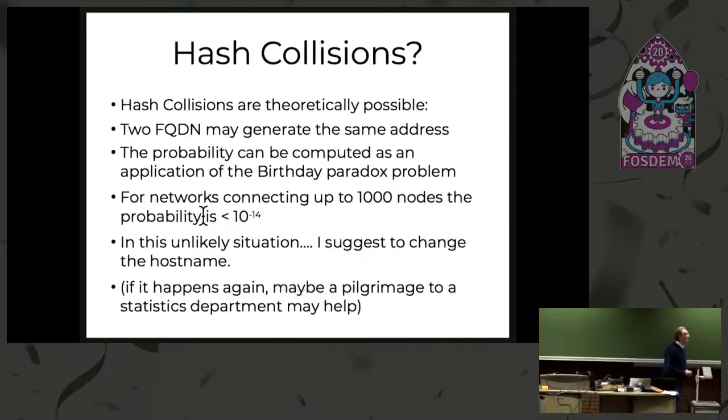You can say, if you give a 64-bit IPv6 address by hash, you can have collisions. Yes, that's true in theory, because if you use some statistics, there is an application of the birthday paradox. So computing the number of possible hashes, if you are dealing with a network of 1,000 nodes, the probability of hash collision is less than 10 to the minus 14.